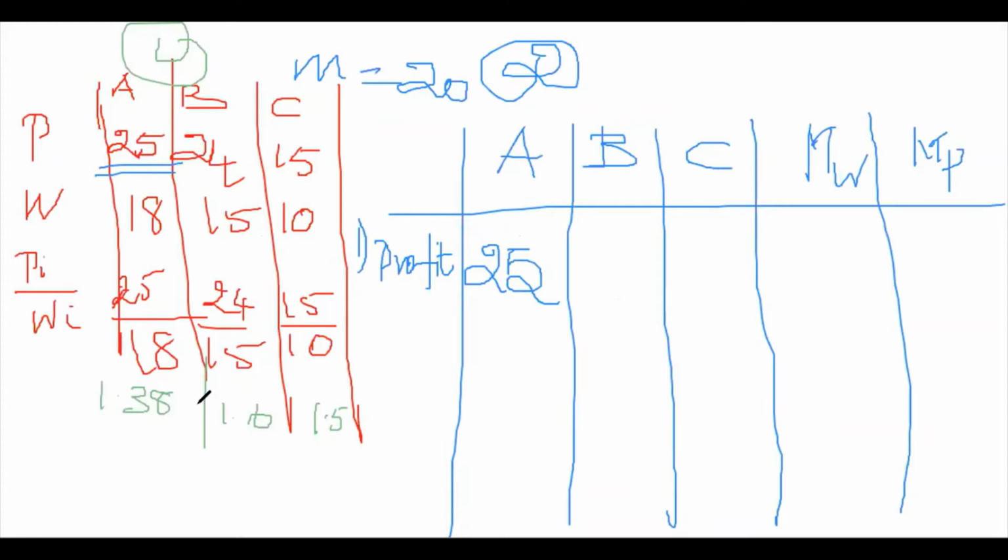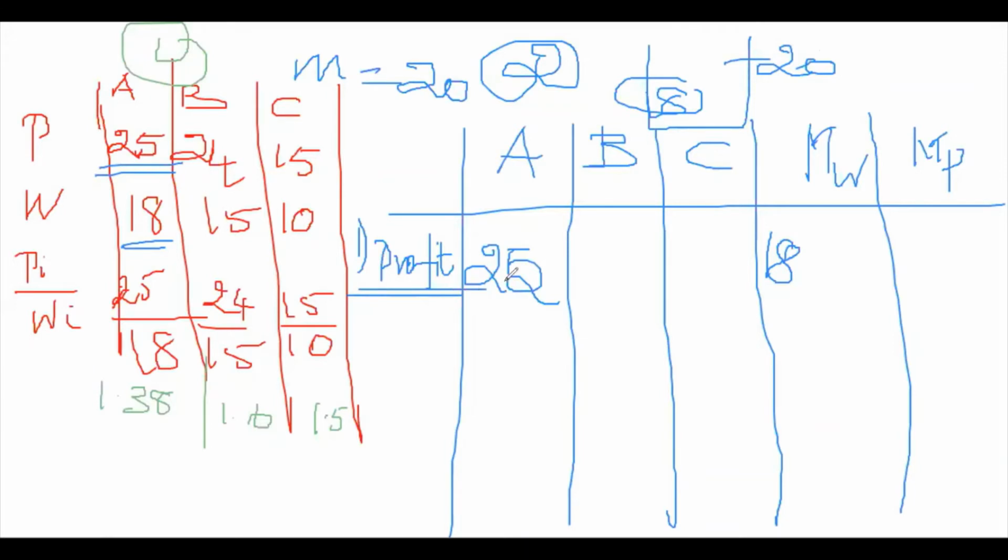So what is the maximum profit? The maximum profit is 25. What is the weight of the first object? 18. So I choose 18. The capacity is a maximum of 20, but you have allocated only 18, so the remaining balance is 2. Then, in the profit criterion, we choose only the maximum profit.